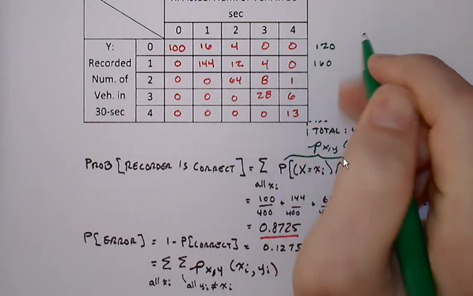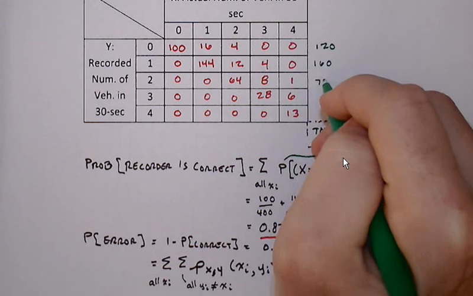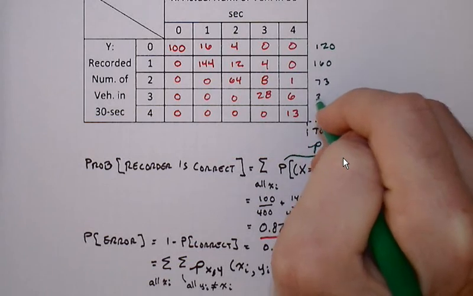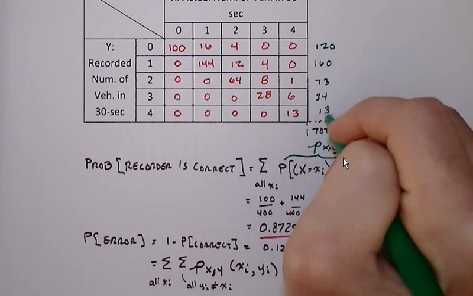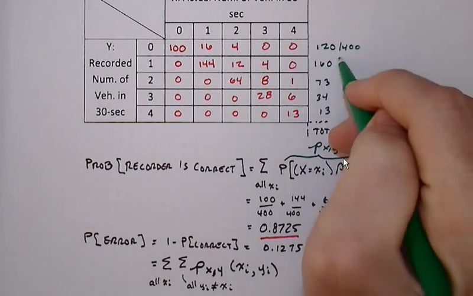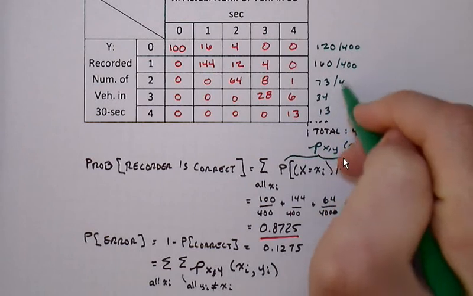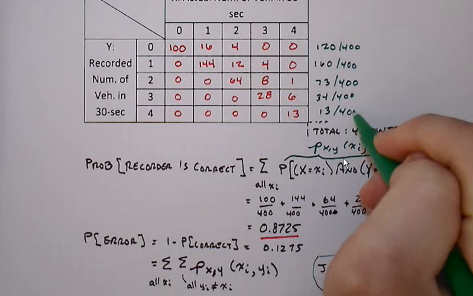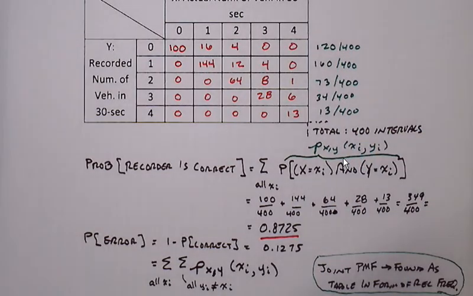That comes out to be 160, and those sums continue on: 73, 34, and then 13. And as relative frequencies, that would be out of 400 in each case. What we've just done there is come up with the marginal distribution for y.